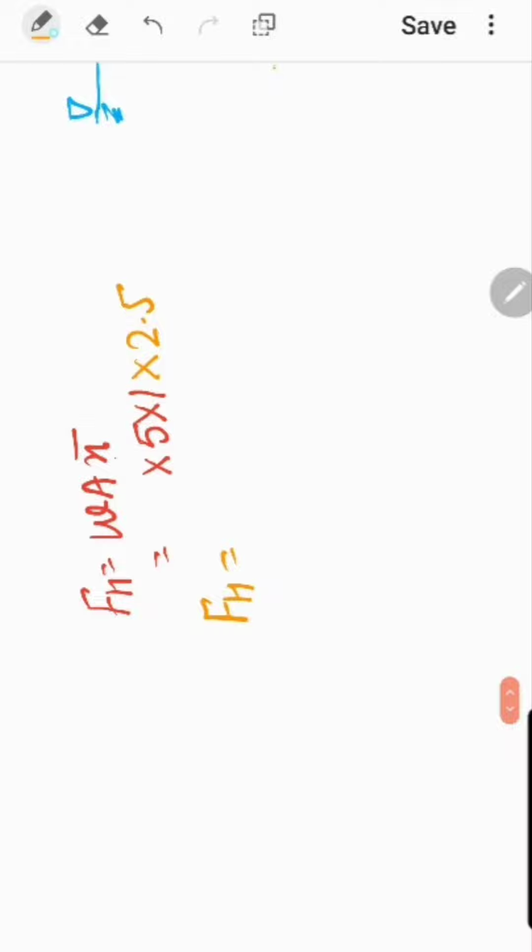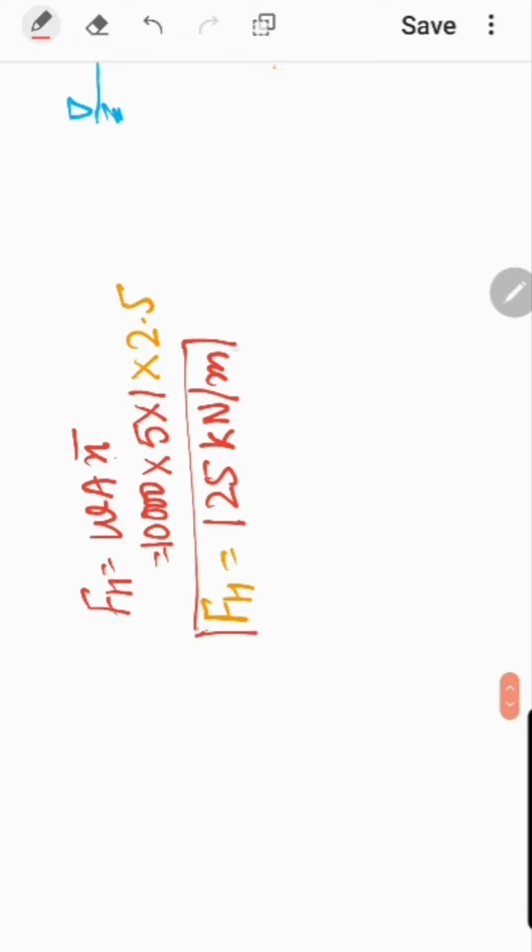So it is not 9810, it is 10,000. Now if you calculate, this is going to come out to be 125 kilonewton per meter, because you have taken the width to be 1 meter. Excellent. So this was all about the horizontal force.